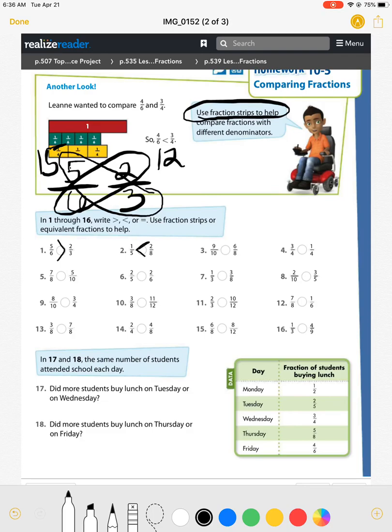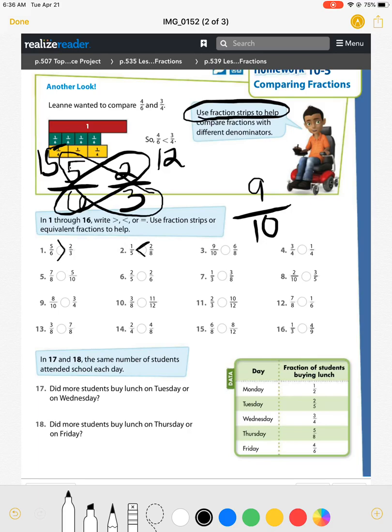Number 3, 9/10 and 6/8. Right here, look at your numerator, 9. And our denominator says 10. So our numerator, 9, is very close to 10. So this is almost 1 whole.